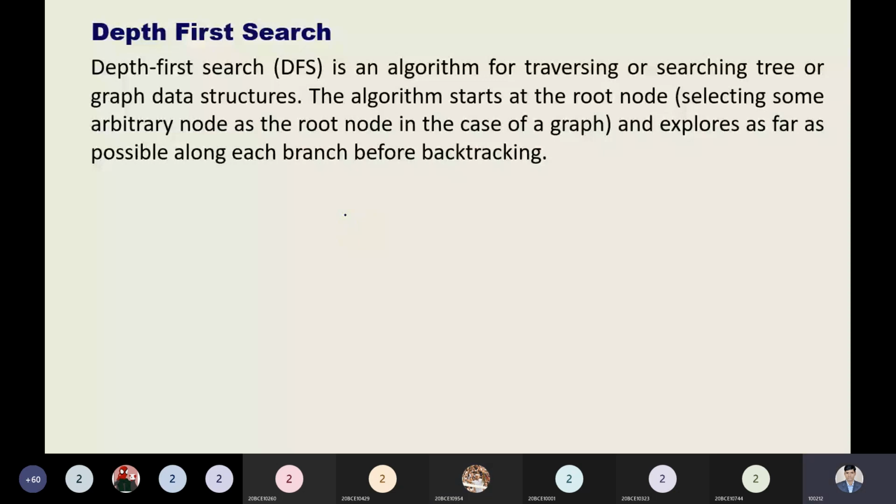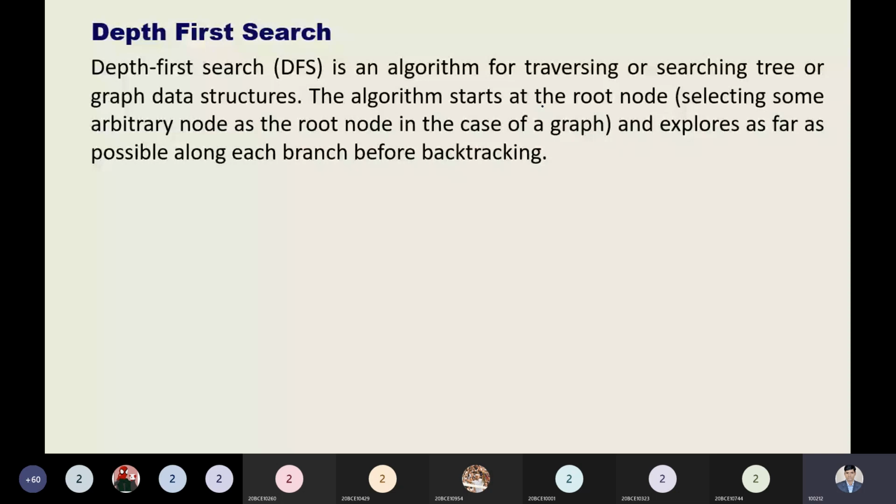So, what is depth first search? As the name suggests, in the depth first search algorithm for traversing or searching a tree or graph data structure, the algorithm starts at the root node.